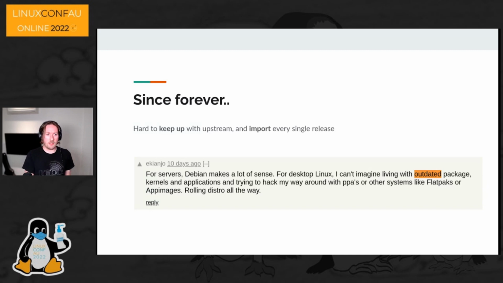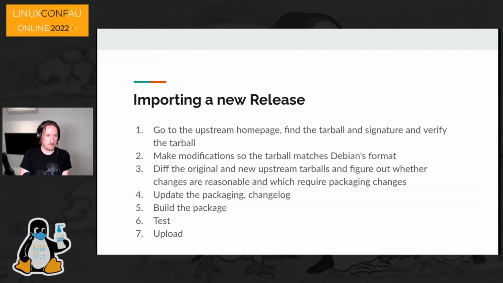Yeah, and one of the consequences of Debian's model is that the distribution packages often lag behind upstream releases. That's especially true for distributions where it takes more work to integrate a new release. And there are users who would prefer more of a rolling distribution.